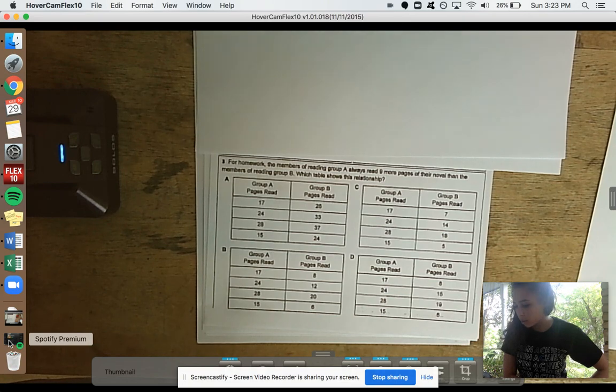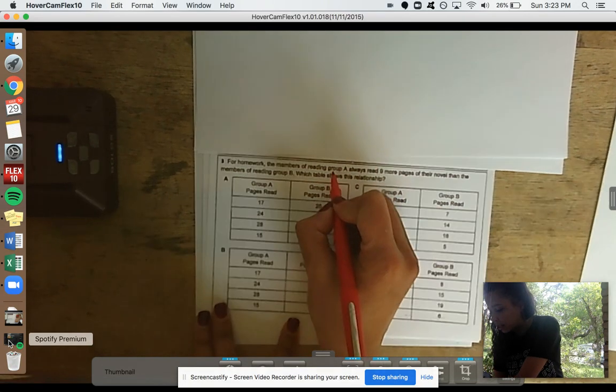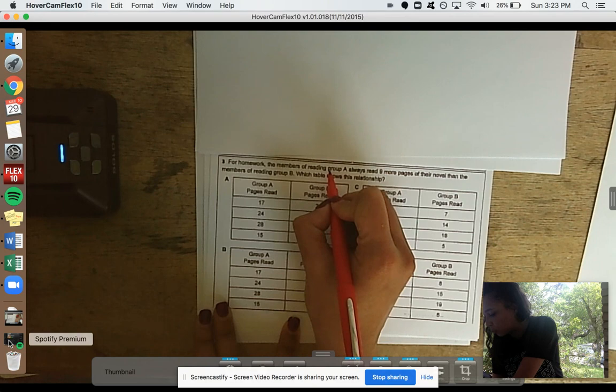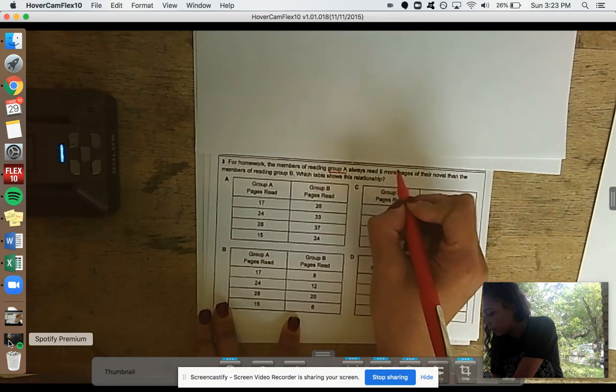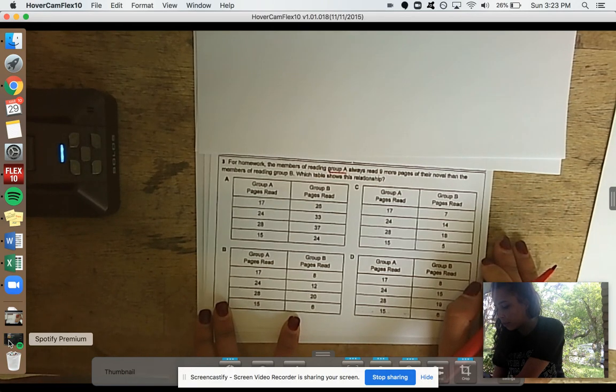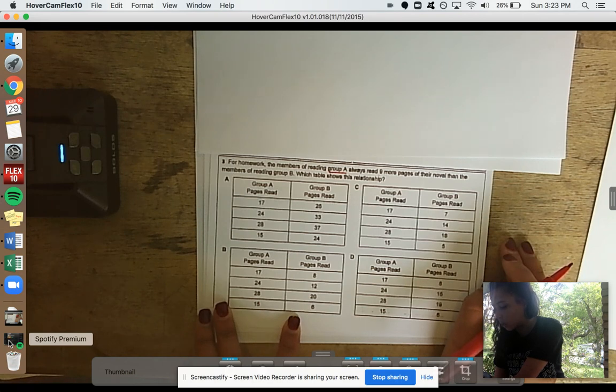So now that I read it once, I'm going to read it one more time. And this time, think of the equation as I read it. For homework, the members of reading group A always read 9 more pages of their novel than the members of reading group B. Which table shows this relationship?